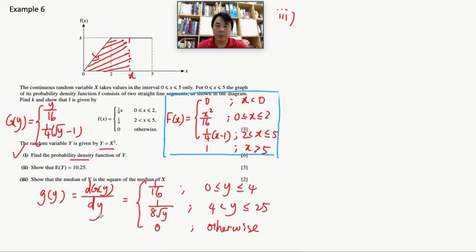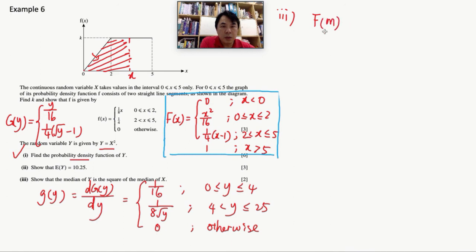So I just need to pick this up to work out the next section. The median of y is the square of the median of x here. Just let me double check in case I make any mistake here. Yep, that's it. So for the median, I'm going to use a formal notation here.